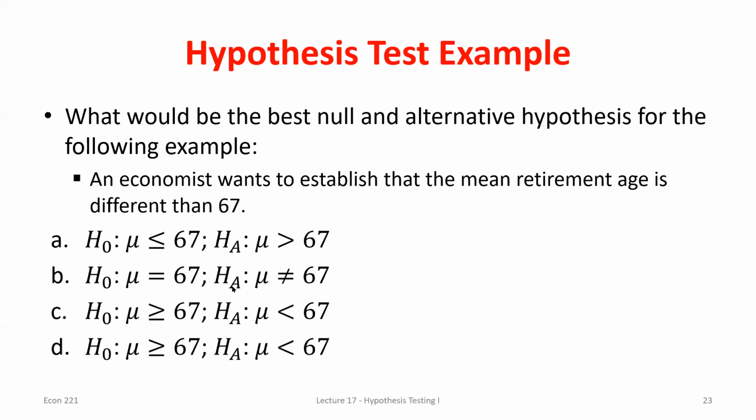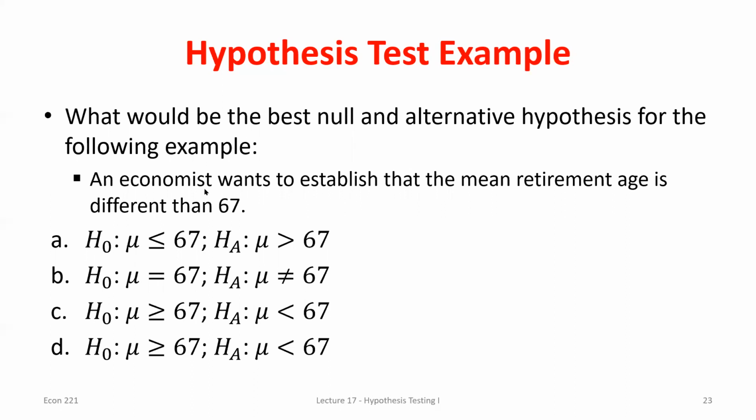So our alternative hypothesis is that it's not equal to 67. We assume the opposite is true, and the null hypothesis becomes that the true mean is equal to 67. So even though I don't think it's equal to that value, I'm going to assume that it is, and stack the deck against myself. Okay?